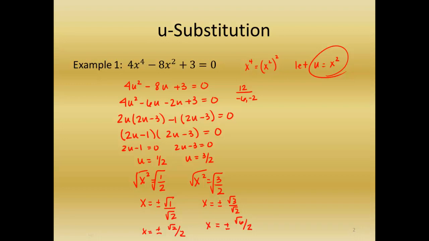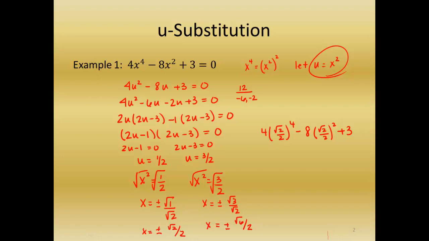To check these answers, you can substitute them back in using the calculator, using parentheses around the entire thing. I'll show you just one side of this. That would be 4 times the square root of 2 over 2 to the fourth minus 8 times the square root of 2 over 2 squared plus 3. And my hope is that that equals 0.